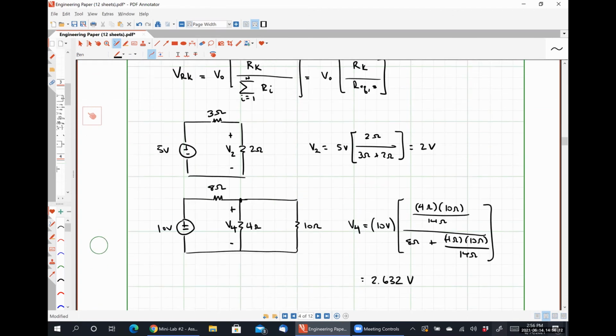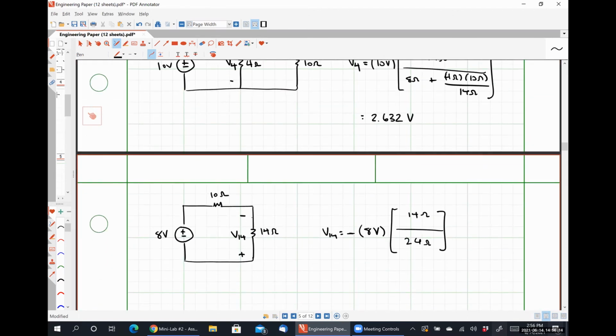But in this case, the negative polarity of the resistor voltage is connected to the positive polarity of the known voltage. And so that's where that negative sign has to come from. If I do the math here, I have 8 times 14 over 24, which is negative 4.6 volts repeating.